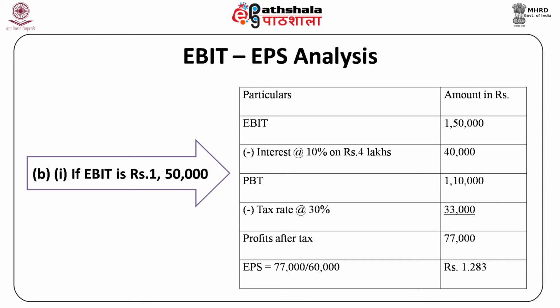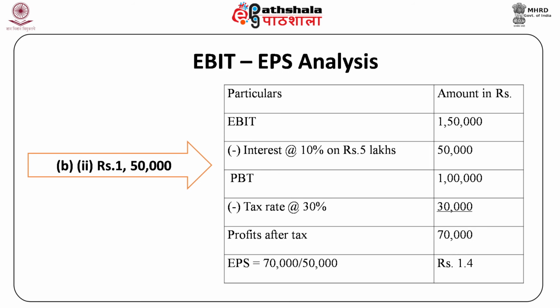Here EBIT 1,50,000 minus interest on 4 lakhs 40,000, PBT 1,10,000 minus tax 33,000, profit after tax 77,000. So EPS is 77,000 divided by 60,000 as 1.283. B2.